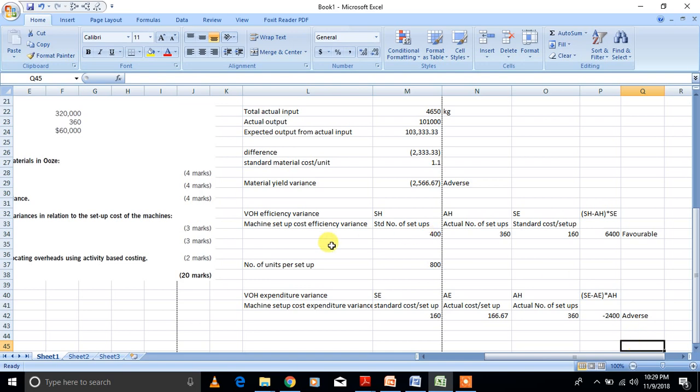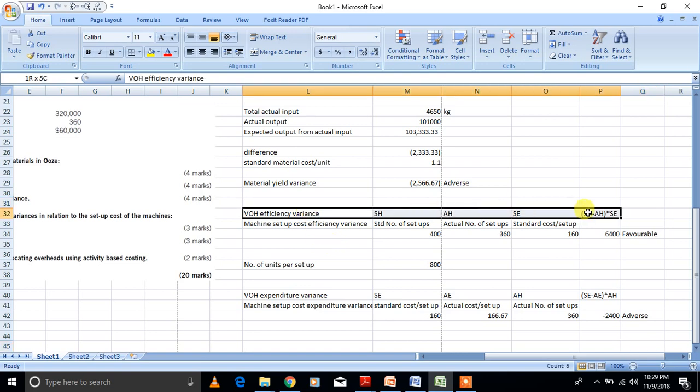So, machine setup cost efficiency variance. I did not study a separate equation for it. What I have done here, I took variable overhead efficiency variance, and from that I derived a formula for machine setup cost efficiency variance and got the answer. If you don't want to leave this line because it seems irrelevant for the answer, you can delete it.